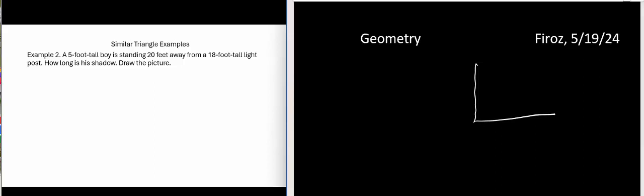And we say that a 5-foot tall boy, you can think like this, standing, and it says that the height of this boy is 5 feet, and the light post is 18 feet, and he is 20 feet away from the light post.